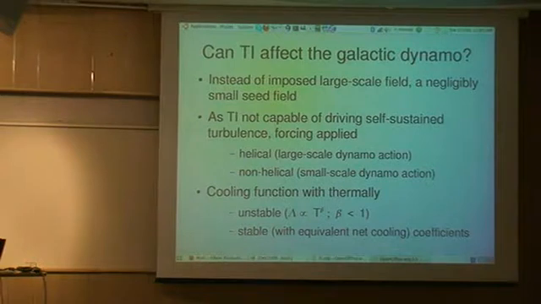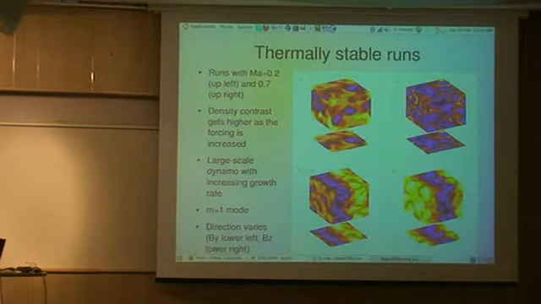Then we have this thermally unstable cooling function, and then for reference, a thermally stable cooling function, which is scaled so that it produces equivalent net cooling integrated over all temperature ranges. So the thermally stable runs look like this. This is with weak forcing, and this is with high forcing.